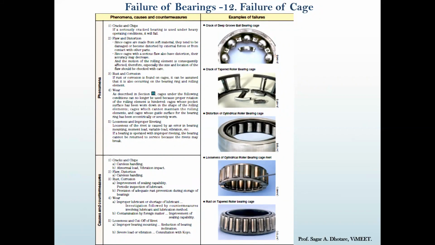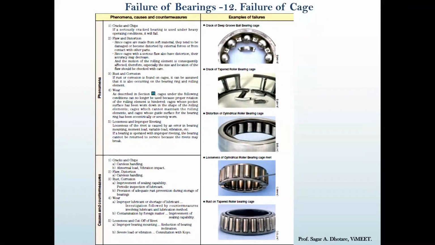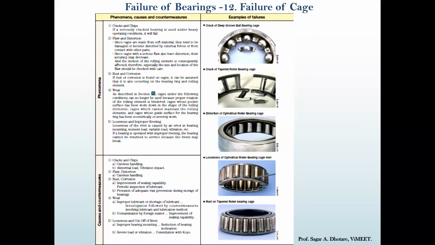The flaws and distortion can occur because of careless handling. Rust and corrosion can occur because of improper sealing capability, periodic inspection of lubrication not being done, and provision of rust-preventive additives during the storage of the bearing not being provided.